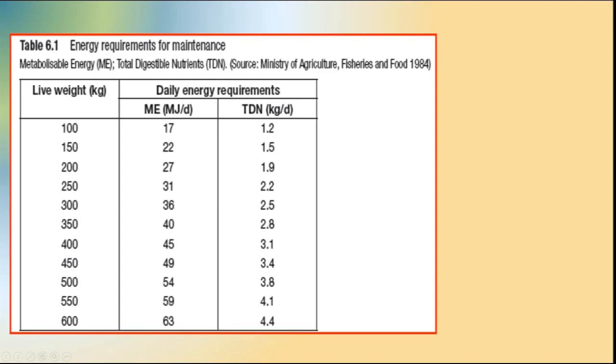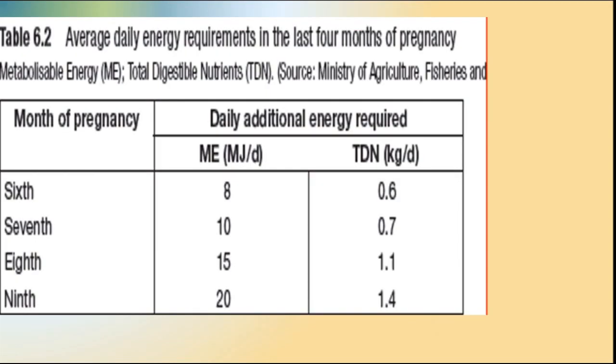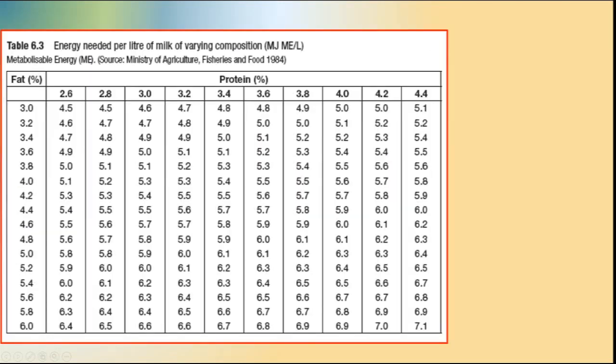So here the energy requirements are given on a metabolizable energy basis. Then comes another table where the nutrient requirements for a pregnant animal have been given during the 6th, 7th, 8th, and 9th month of pregnancy. That animal requires metabolizable energy and TDN differently. So for maintenance, then for pregnancy, and then for milk production.